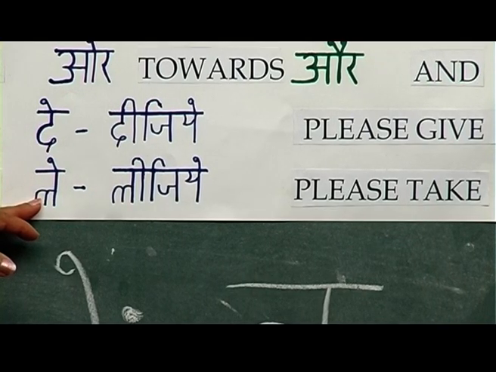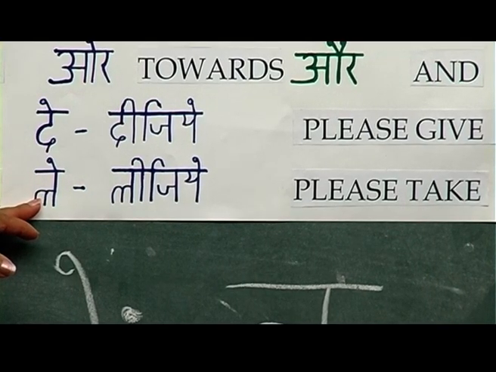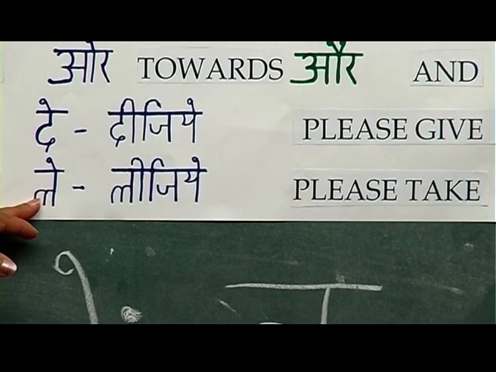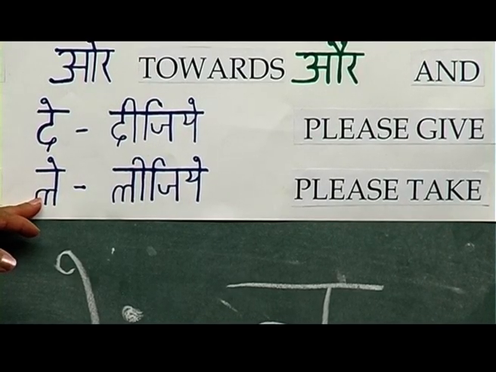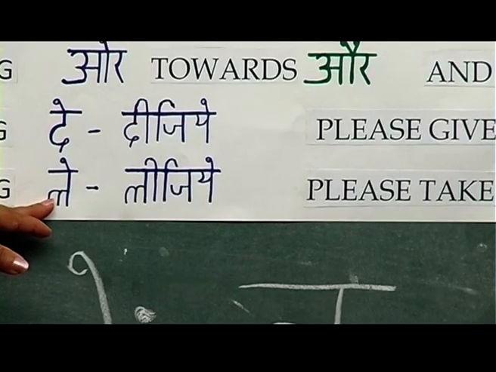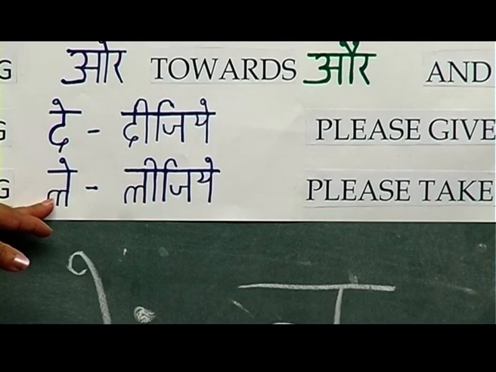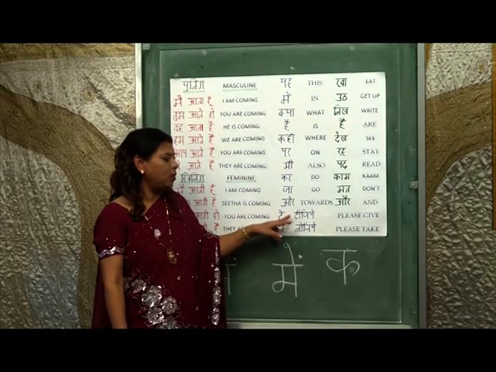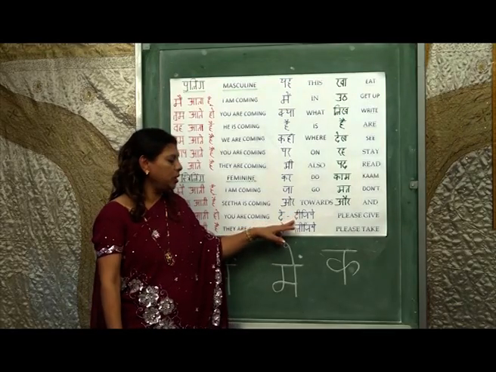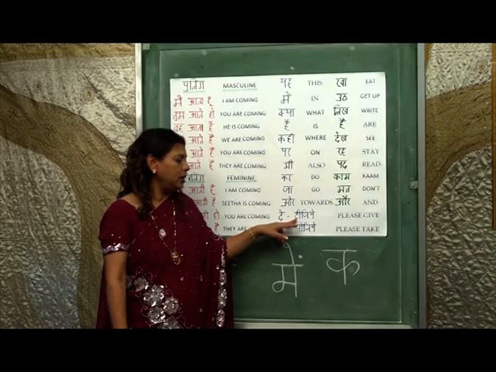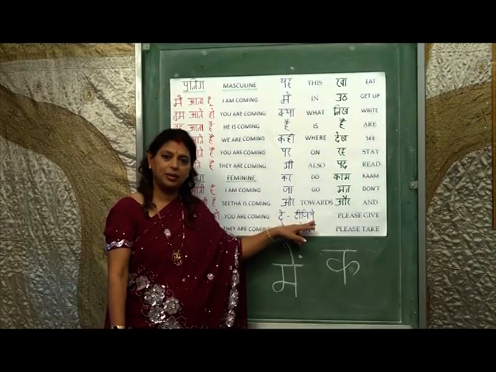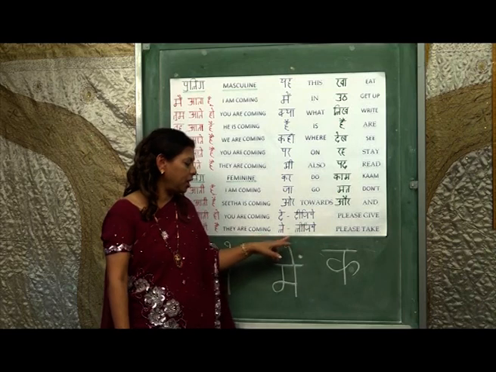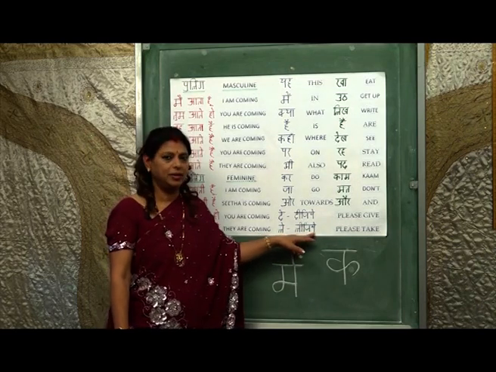But when we are speaking to elder people or anyone that is older than us, even if they are a few years older than yourself, lots of people don't want you to know what the real age is, you will refer or say the statement with adding in, you will say dijiye, dijiye or lijiye.